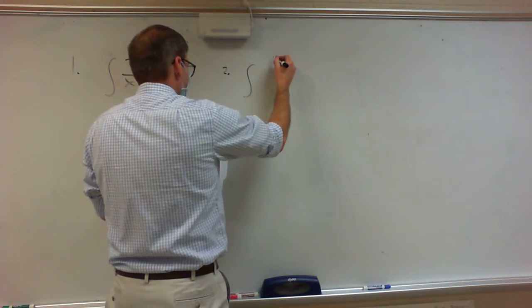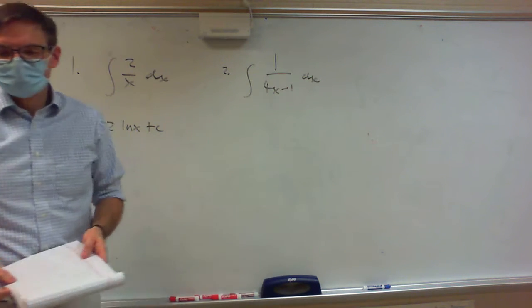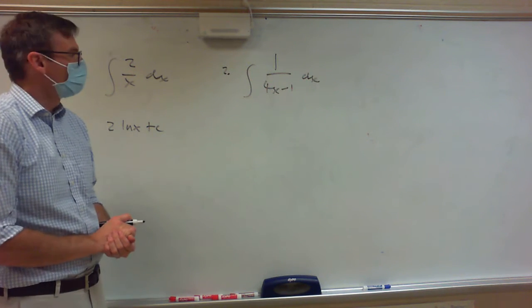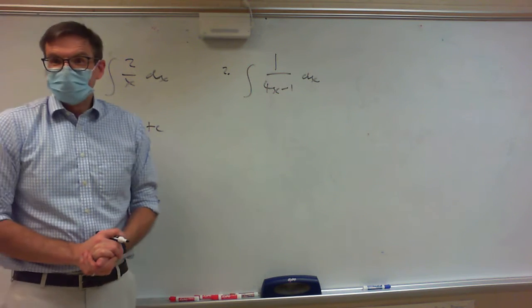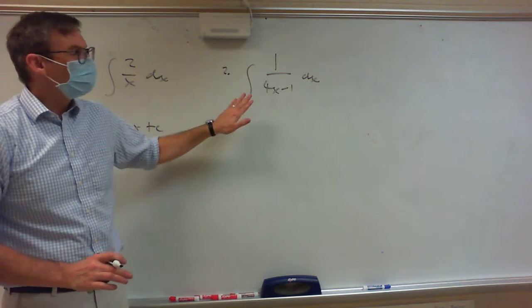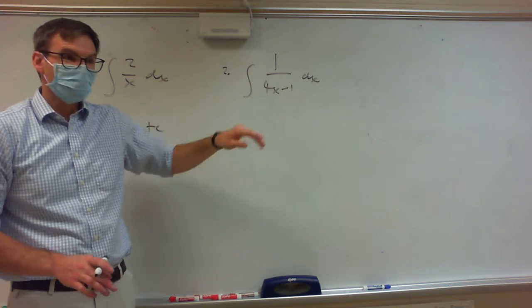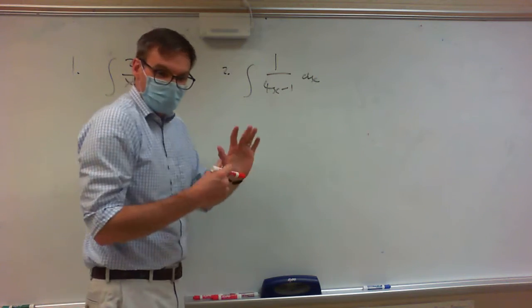Kind of easy. 1 over 4x minus 1. What do you do here? Anytime you see a random x in the bottom, how I want you to think about this, you don't write it.